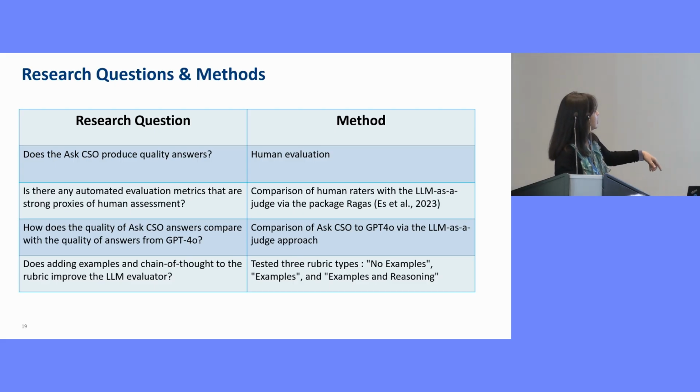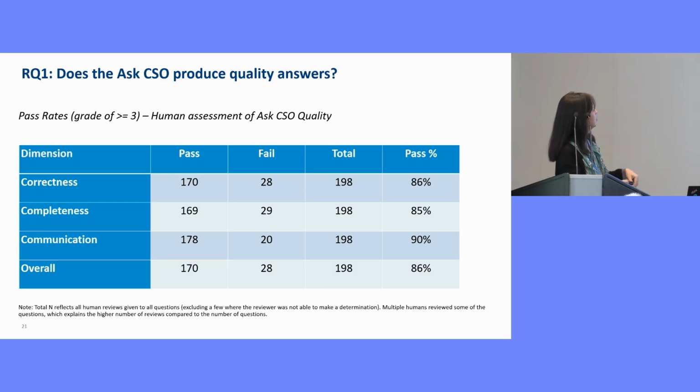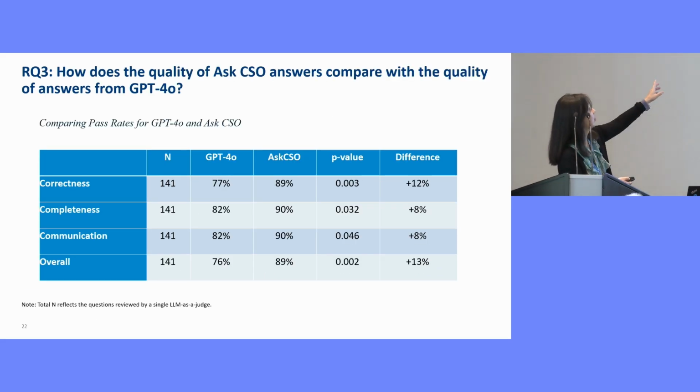All right, research questions. I'm going to focus today on only two research questions: how our chatbot compares with GPT-4o, and how good the LLM-as-a-Judge evaluation results are. Let me skip ahead and focus on how it compares with GPT-4o.